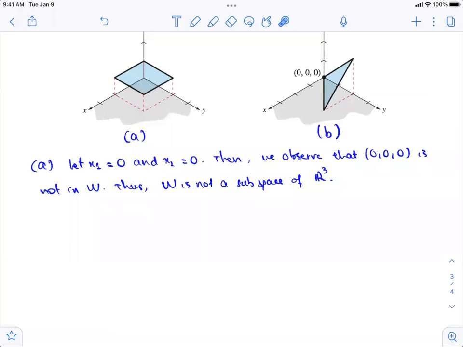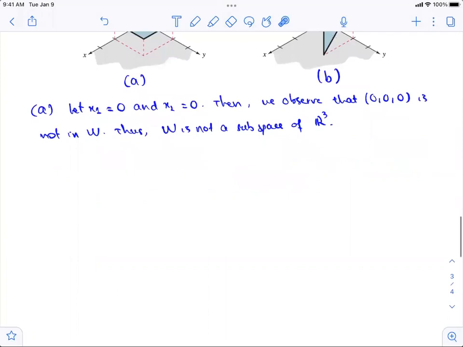If one of the conditions fails, then the set is not a subspace of the vector space. If all three conditions are satisfied, then the set is a subspace of the vector space.